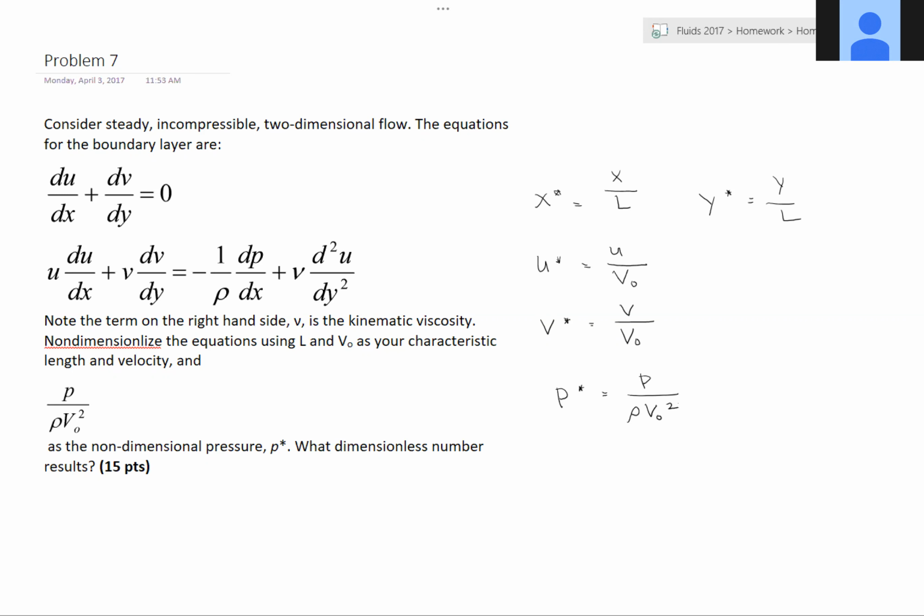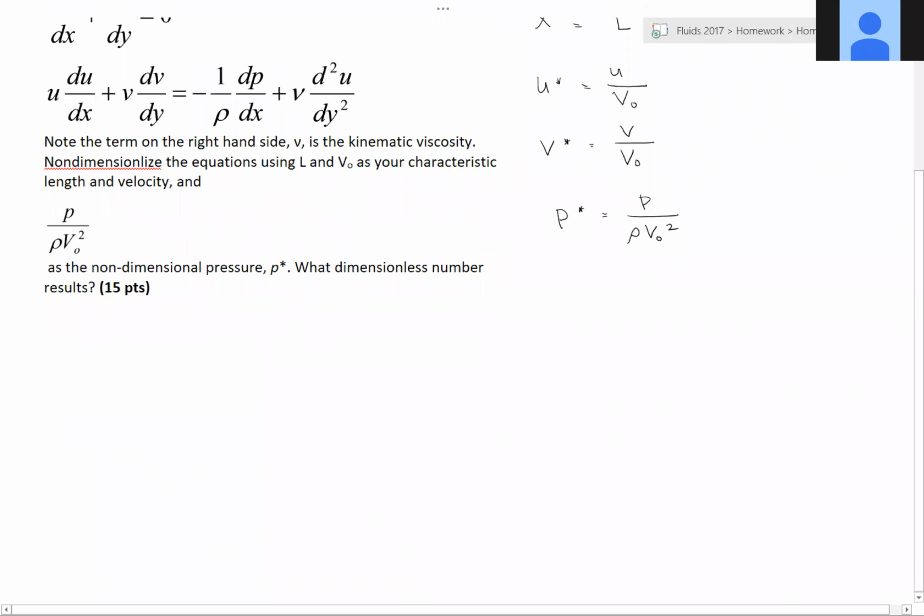All right. So if you look at this, we have everything here. Is there anything that we're missing? No. So let's do some of this. The easiest way to do this is, for example, when we want to replace, and I'll start with u, u is actually equal to u star v naught.